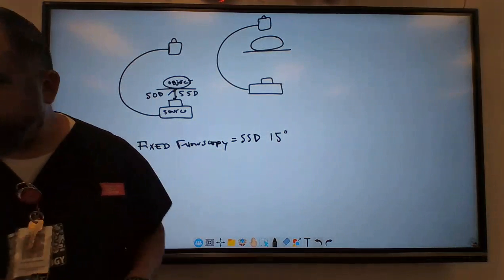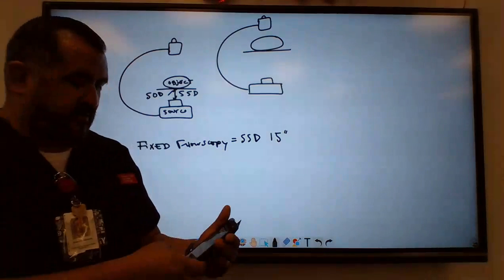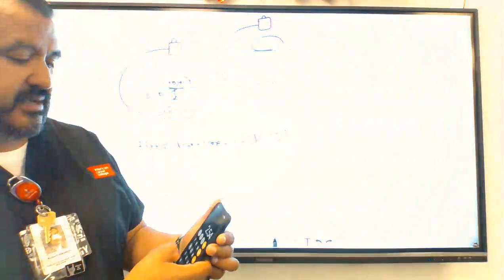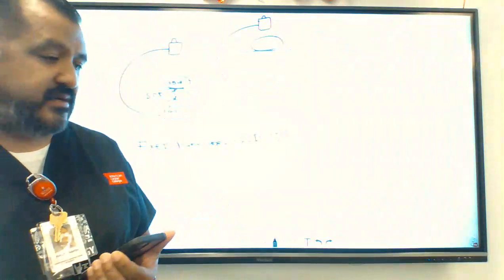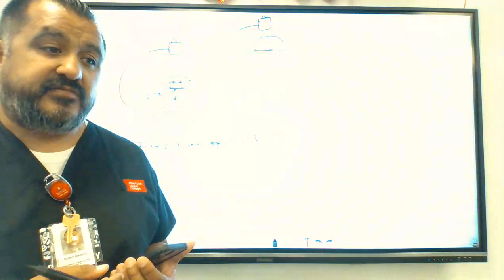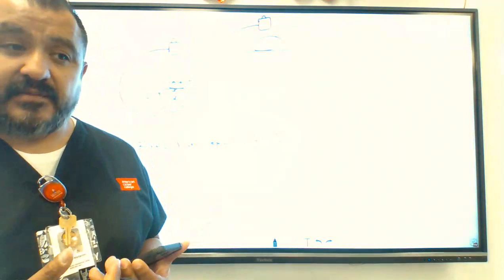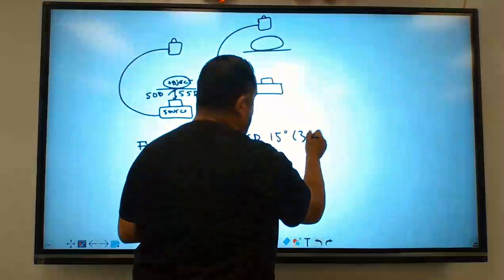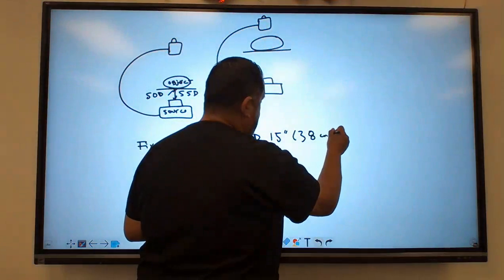What would that be in centimeters? How do we convert that to centimeters? Well, 2.54 centimeters is equal to 1 inch, right? So if there's 15 inches, we do 15 times 2.54, we should get 38 centimeters.